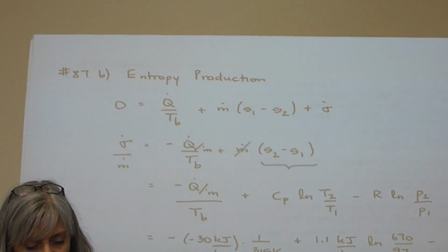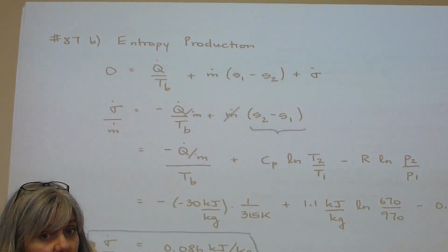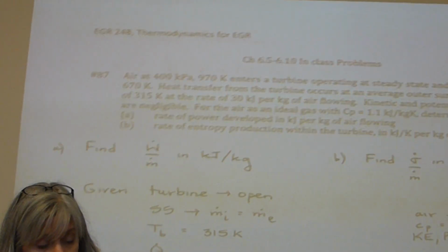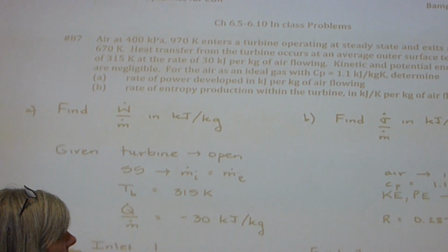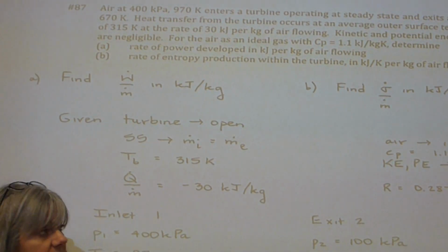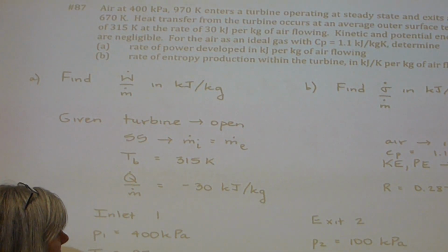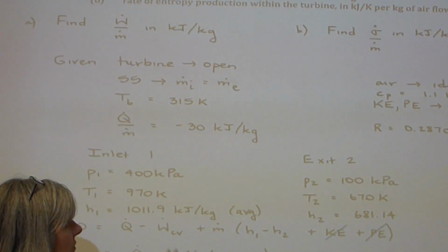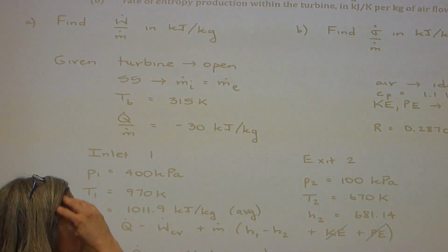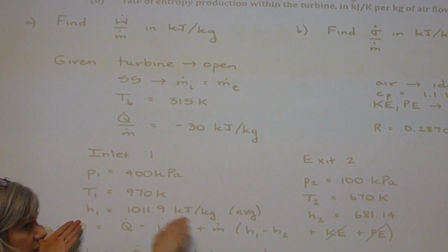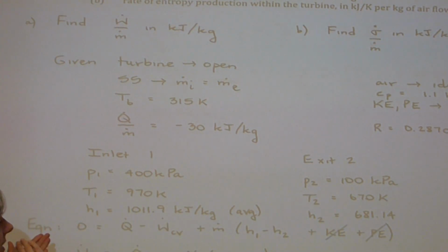Let's just review how this problem goes. We start with an open system at steady state, and we have air as an ideal gas. Importantly, we're going to write down our table of inlets and exits just like always. Leave a little space, which I did not. We're going to look up our values in table A22 when we can.